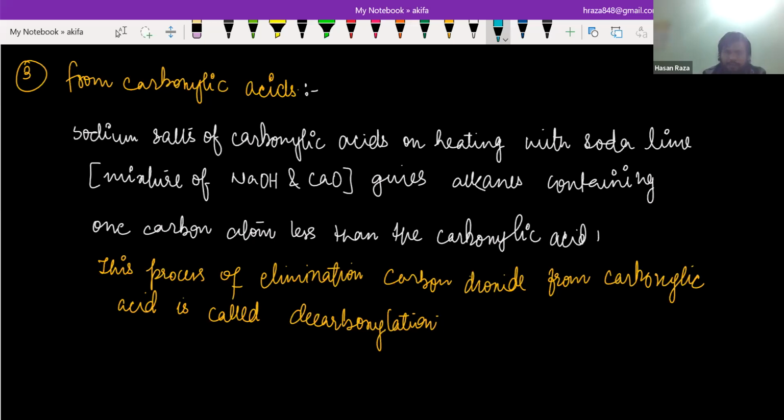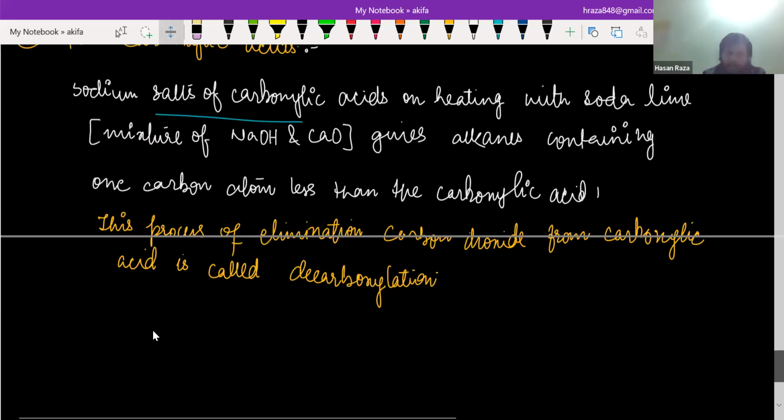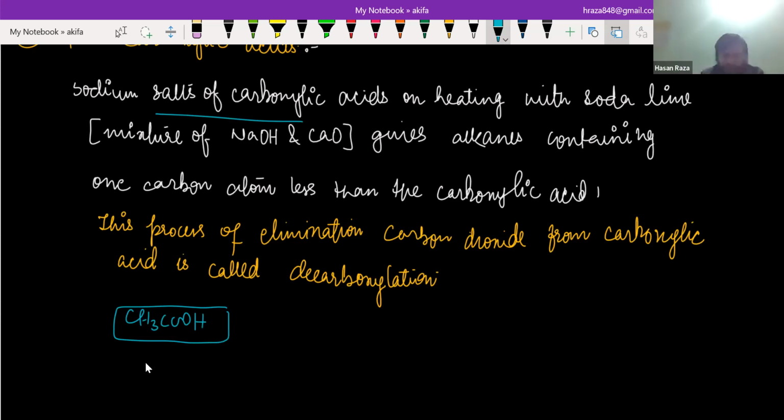Concentrate here, Akifah. Do you know what is carboxylic acid? CH3COOH. Yes. Now you know that this is ethanoic acid, and if you ionize it, you will get CH3COO minus plus H plus, right?